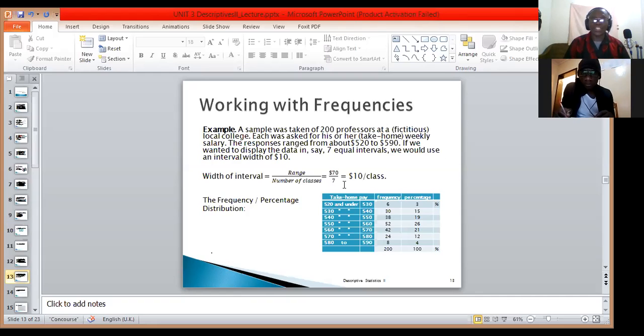But the width of interval is range divided by number of classes. So from 520 to 590, how many classes are there?